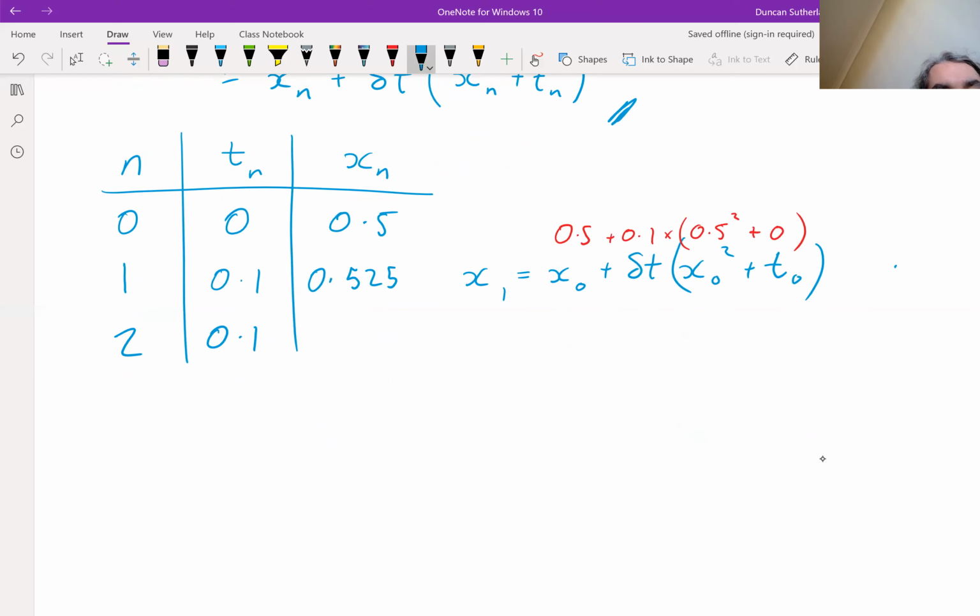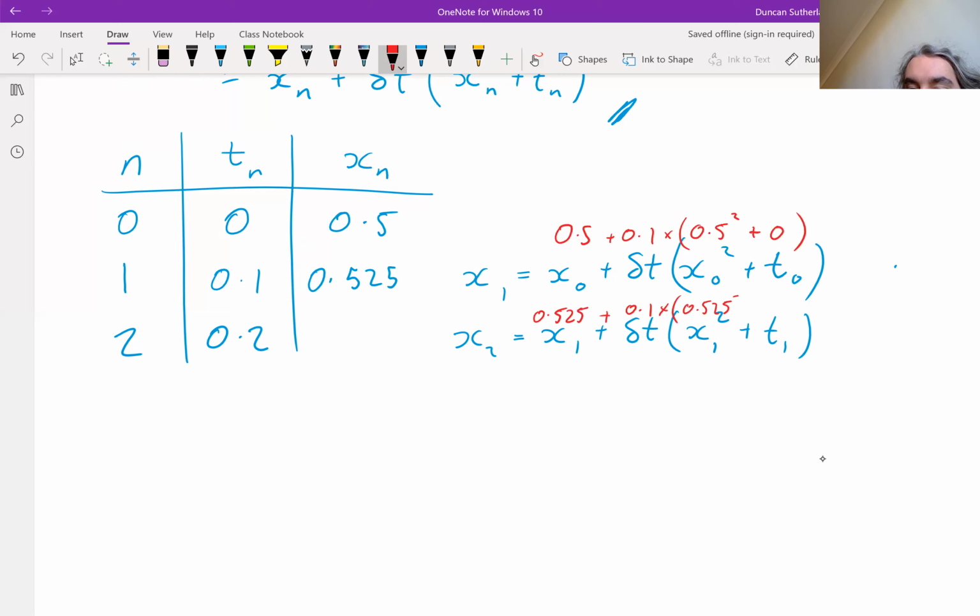Second step, x_2 equals x_1 plus delta t times (x_1 squared plus t_1), and that's equal to, I'll just write it up here, 0.525 plus 0.1 times (0.525 squared plus 0.2).